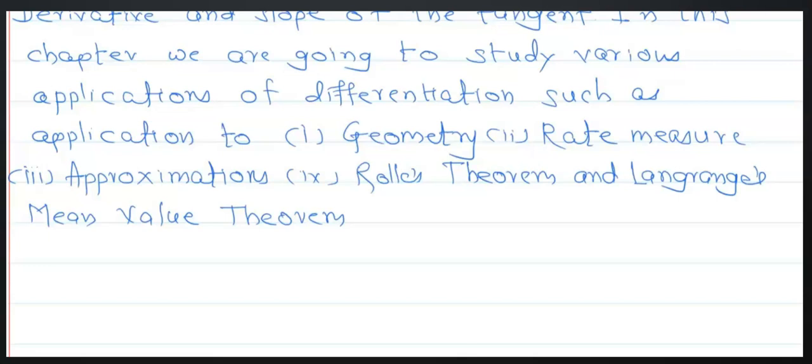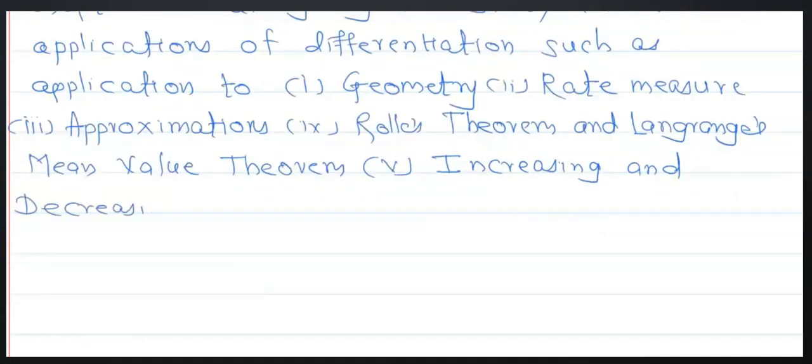And the last are increasing and decreasing functions, and maxima and minima.